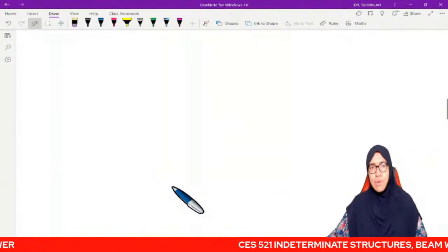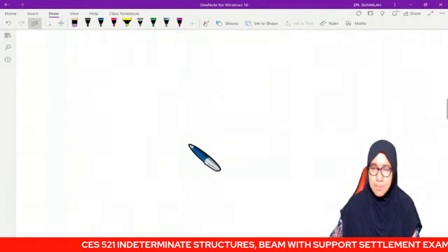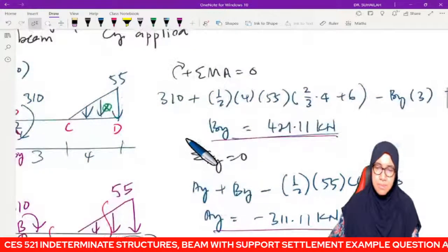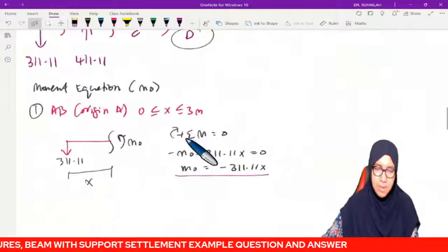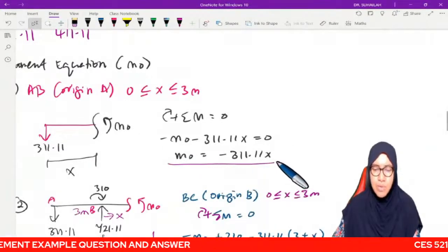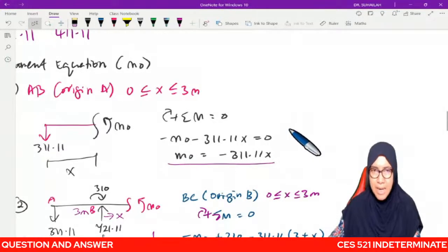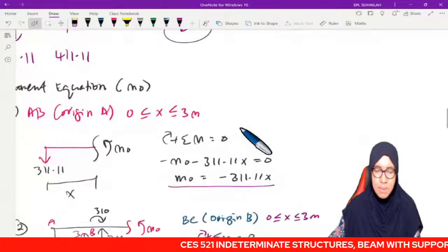Okay, M naught for the primary system is this. It is negative 311.11x. This is for section number 1.